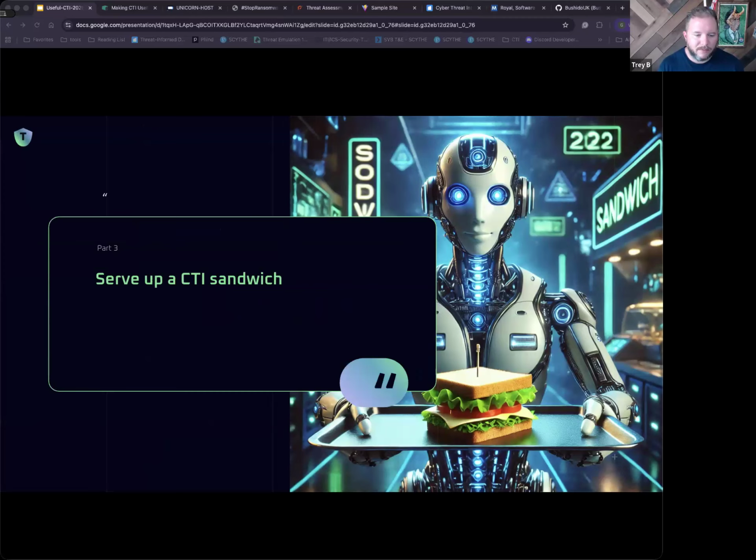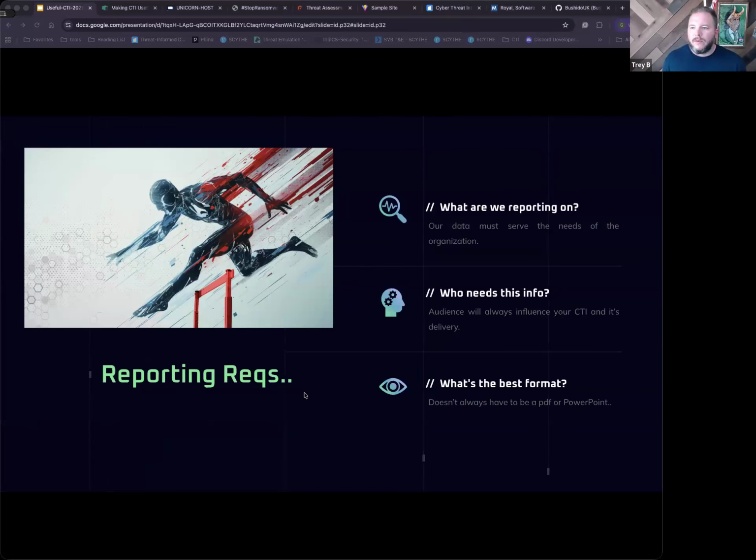So, some quick requirements when we're thinking about reporting. You've got to have accurate, timely information. It needs to be easily readable. It needs to be understandable, especially without any prior knowledge of what is happening within that particular incident or operation or whatever's going on.